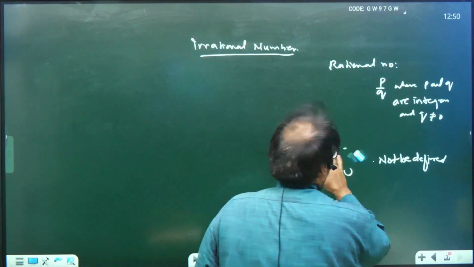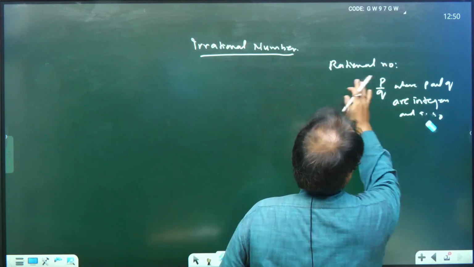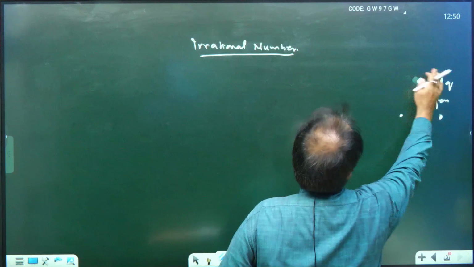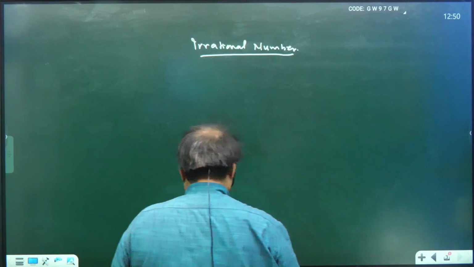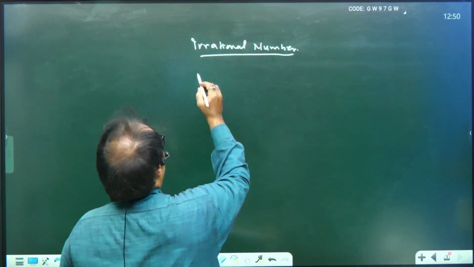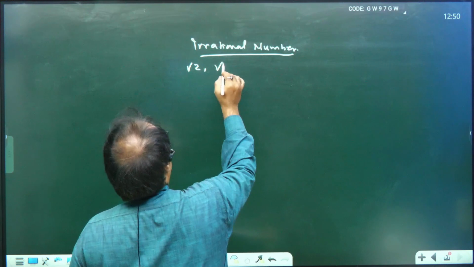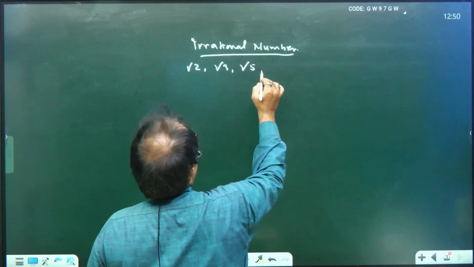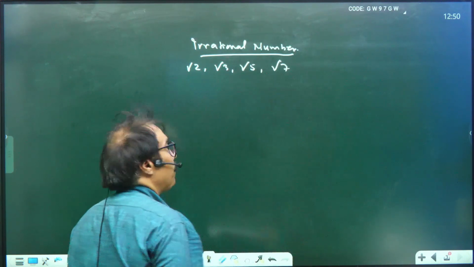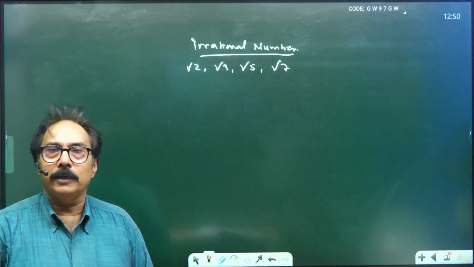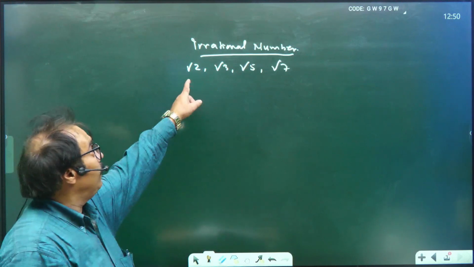It is important from your board examination point of view or your internal examination point of view. Prove that root 2, root 3, root 5, root 7 are irrational numbers. I will explain one, and you will try the others yourself.